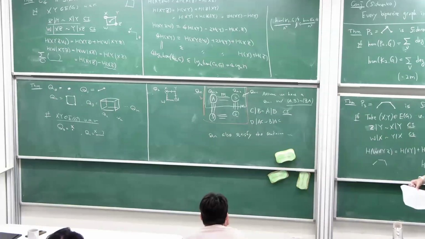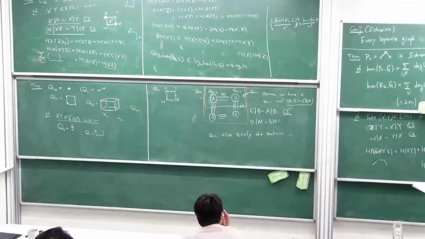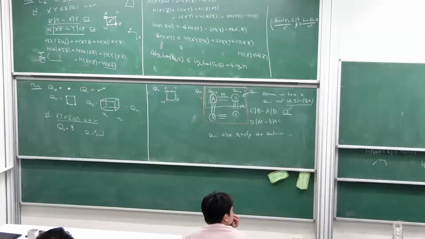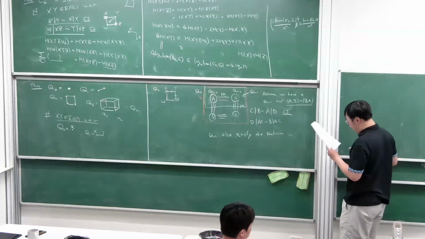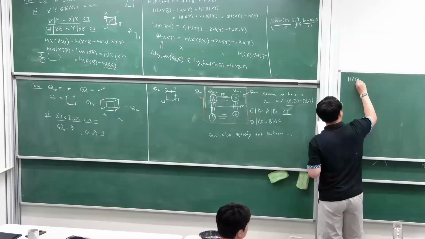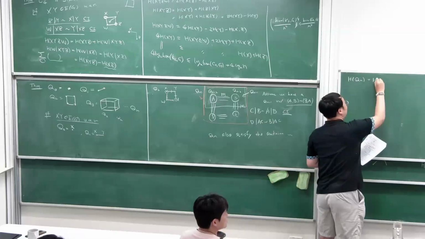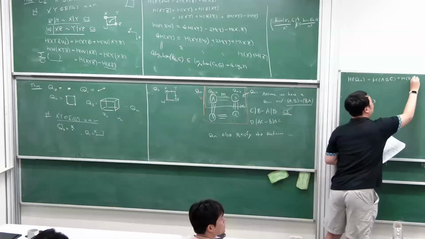Okay, so it remains to compute all the entropy and show you that indeed Qn is Sidorenko. So let's try to compute it. H of Qn is the same as H of ABC plus H of D given ABC.